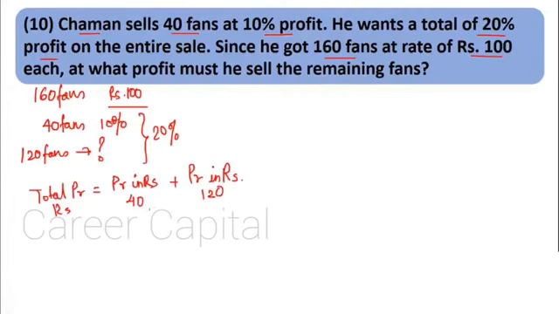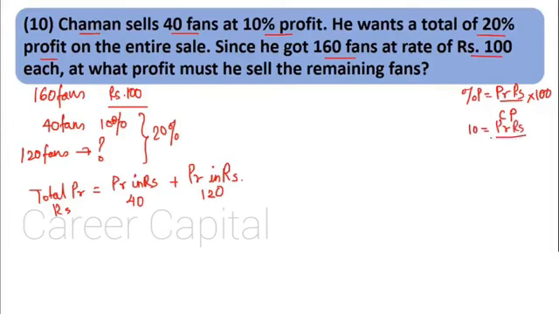Now let us see how to find profit in rupees. We know the formula: percentage profit is profit in rupees divided by cost price, multiplied by 100. So if Chaman is getting 10% profit for 40 fans, the profit percent is 10. Profit in rupees we do not know. What is the cost price for 40 fans?